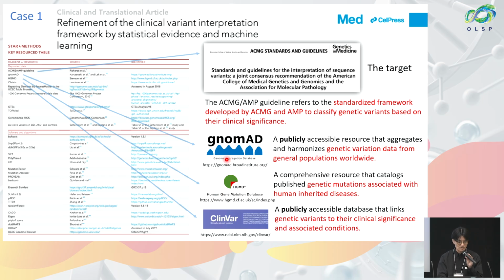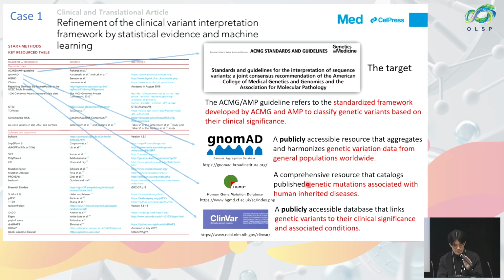The first one is gnomAD, Genome Aggregation Database. This is a publicly accessible resource that aggregates and harmonizes genetic variation data from the general population worldwide. So this is general population data. And the second one is HGMD, Human Gene Mutation Database.